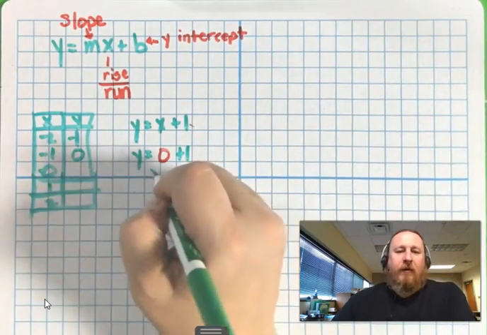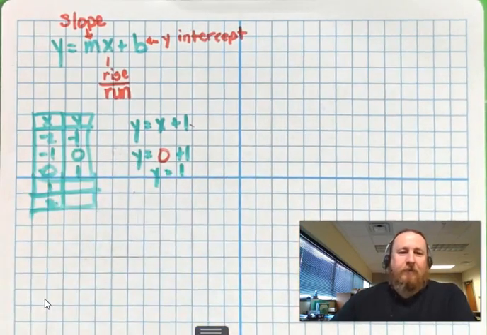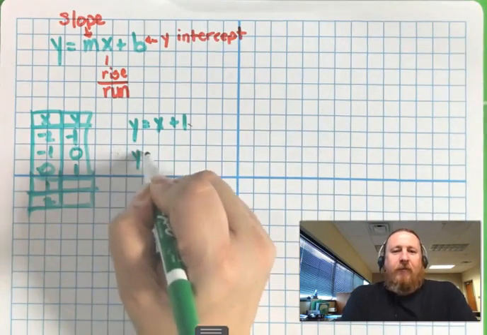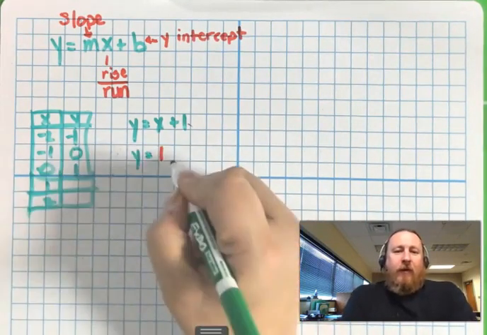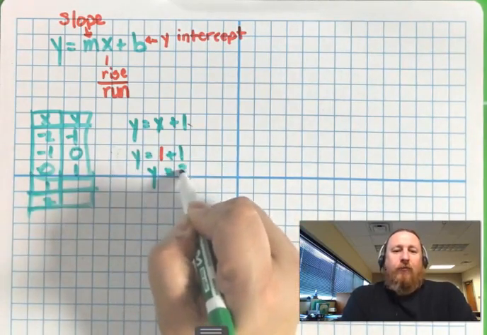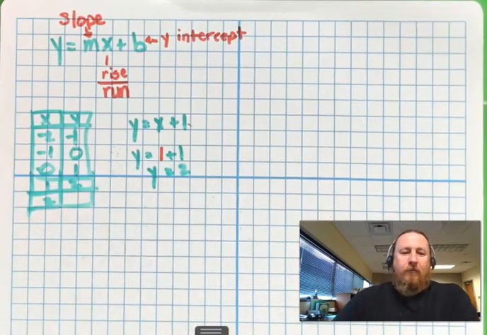And we get a corresponding y value of plus 1. Our next x value that we are going to solve for y with is going to be x equals 1. Therefore, the equation is now y equals 1 plus 1. So y equals 2. When x equals 1, y is 2.